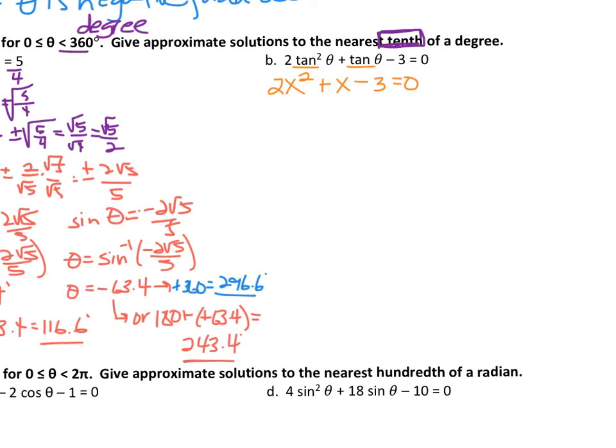With that 2 out in front, we do have to do the a times c rule, and 2 times negative 3 would be negative 6. Now we need to break down two numbers that multiply to get negative 6, but add to get 1 for that plus 1x in between. If we do positive 3 times negative 2, that would give us positive 1.